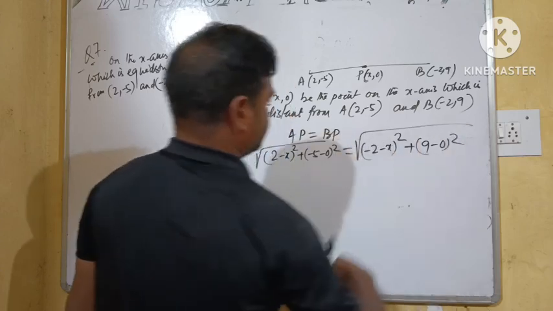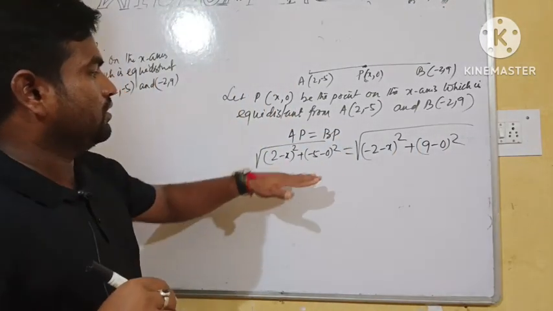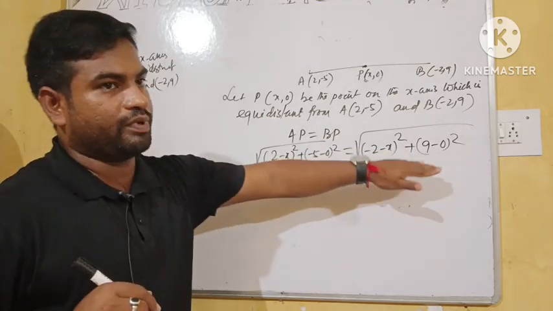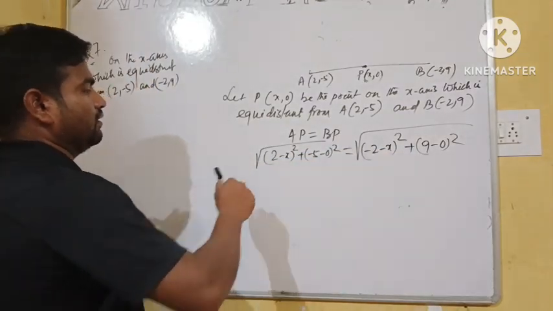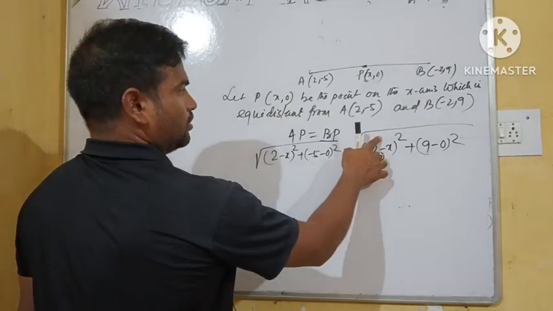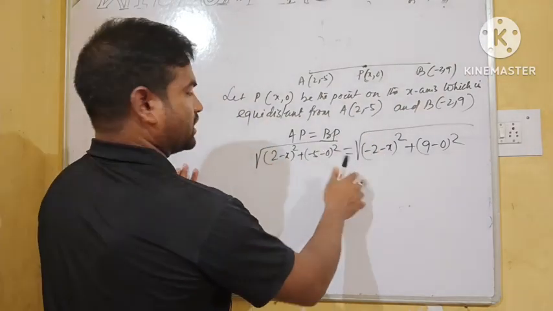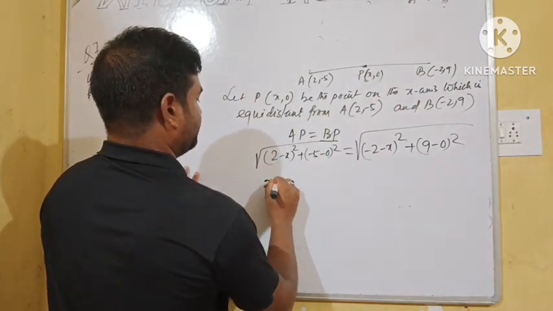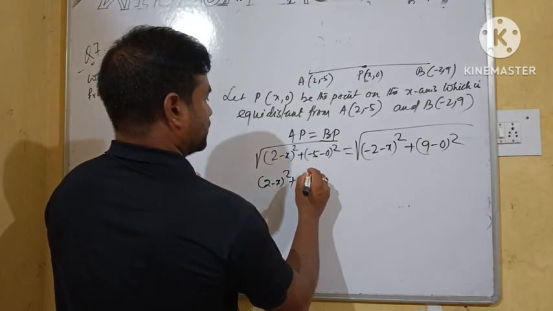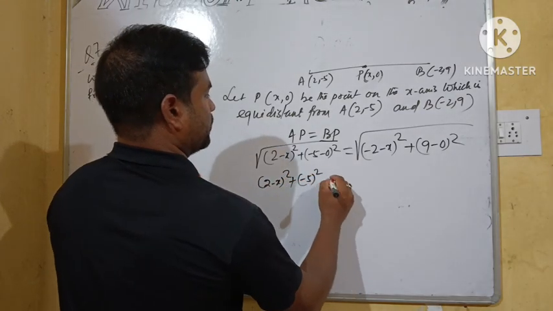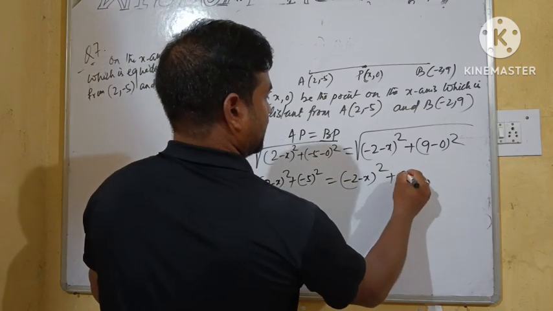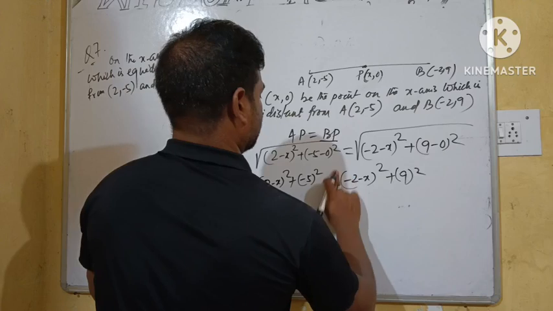Then AP is equal to BP, and if we remove the square roots on both sides, then (2 minus x) whole square plus (-5) whole square equals (-2 minus x) whole square plus 9 whole square.